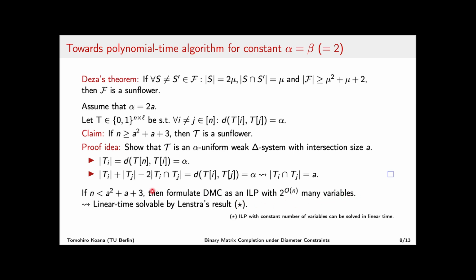And whenever we have an ILP with a constant number of variables, Lenstra's result says that such an ILP can be solved in linear time. Thus, we know that DMC can be solved in linear time when n is sufficiently small.